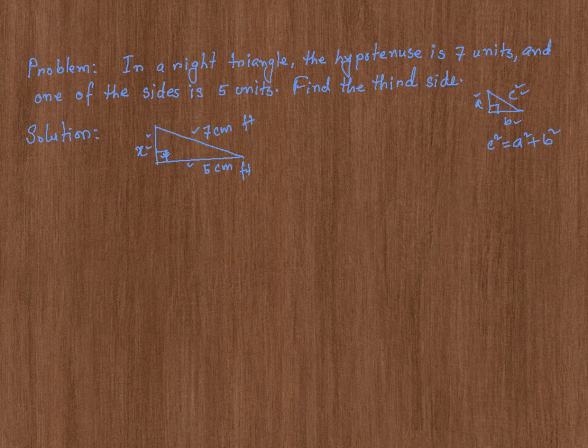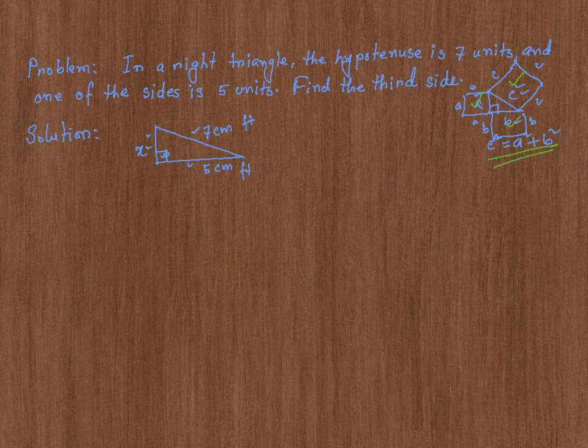Now what does this say? Physically, this is what it means. If you were to draw a square with side C, and a mini square with side A, and another mini square with side B, then the area of the big square is the sum of the areas of the two smaller squares.